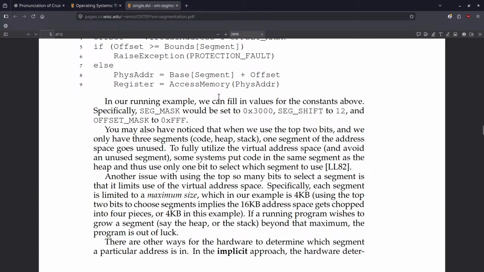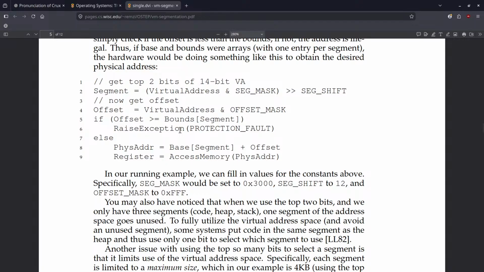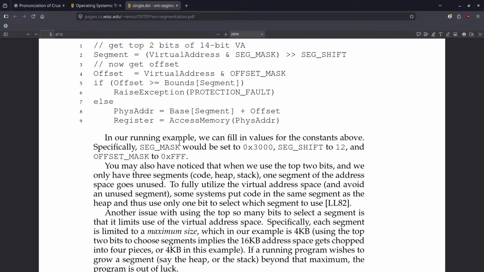In our running example, we can fill in values for the constants above. SEG_MASK could be set to 0x3000, SEG_SHIFT to 12, and OFFSET_MASK to 0xFFF.